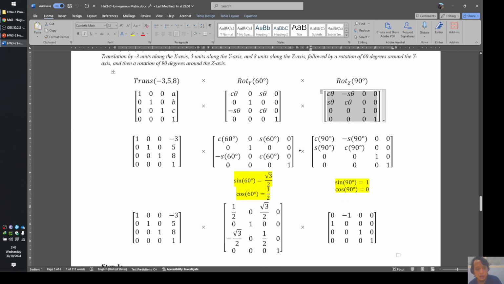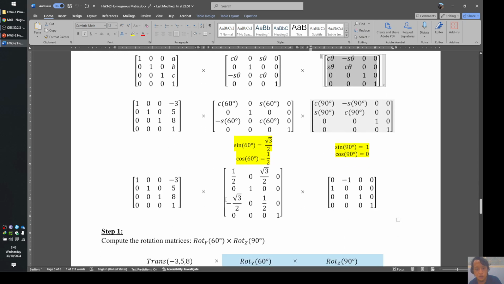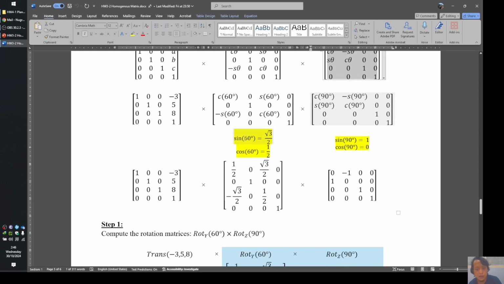And then after we put the angles in as theta like this, we know that the sine of 60 degrees is square root of 3 over 2, and the cosine of 60 degrees is 1 over 2, or a half.